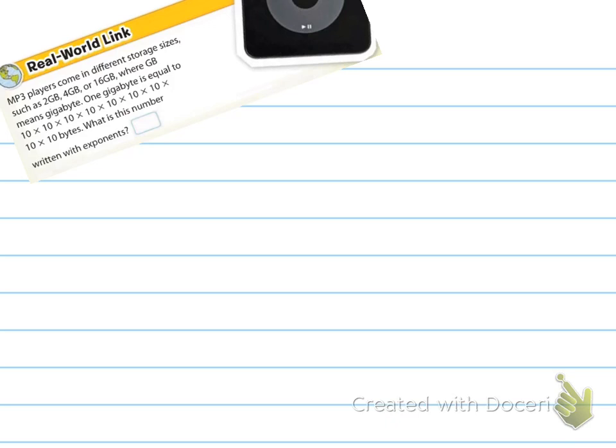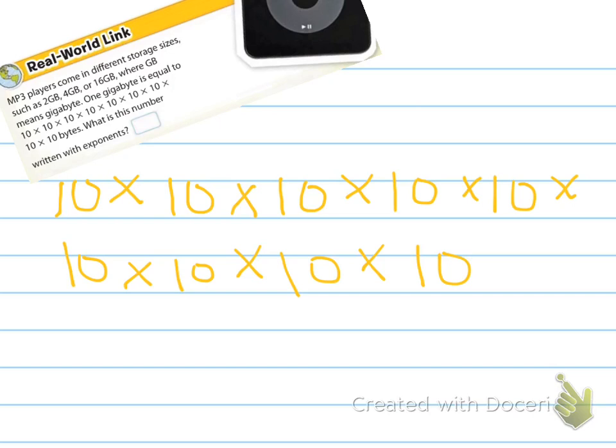So we need to think about what is our base. I'm going to rewrite this here. We've got 10 times 10 times 10 times 10 times 10 times 10, and we count them 1, 2, 3, 4, 5, 6, 7, 8, 9 times. When we're rewriting this as a number written with an exponent, first of all, what's the base?